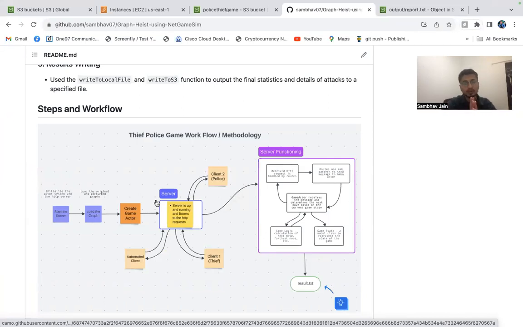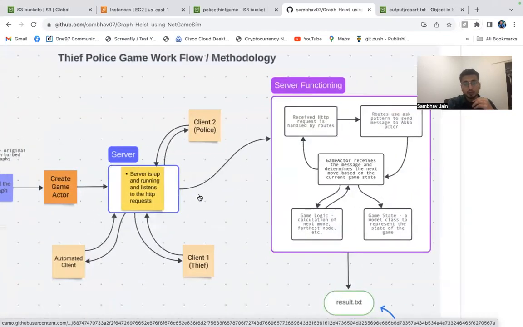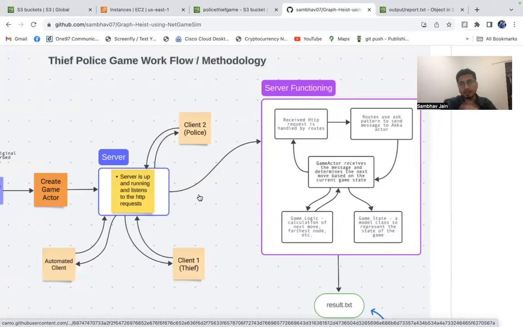What happens afterwards is, whenever any client makes a request, it is received by the respective route handler. Since we are working with the Akka HTTP module here, the HTTP route handlers use the Akka ask pattern to send a message to the Akka actor.